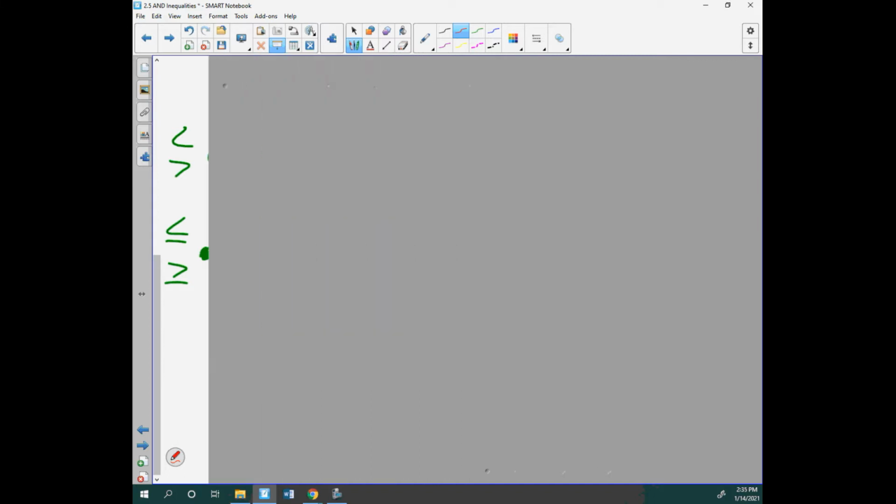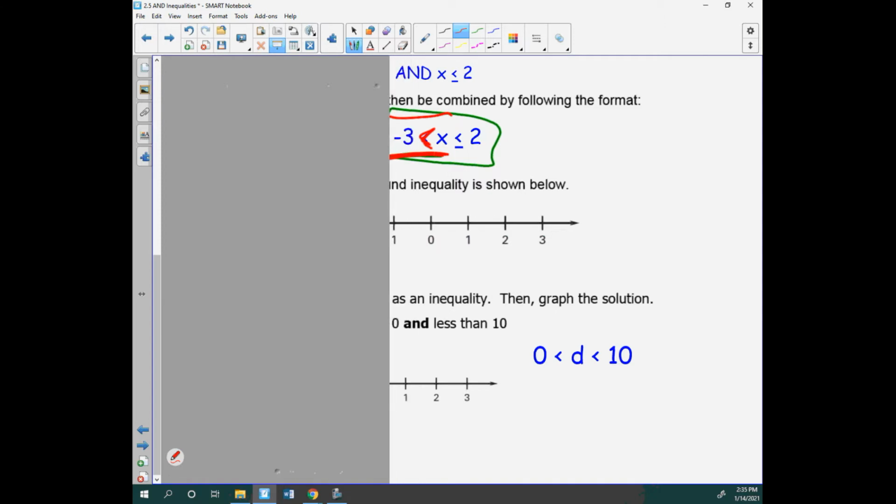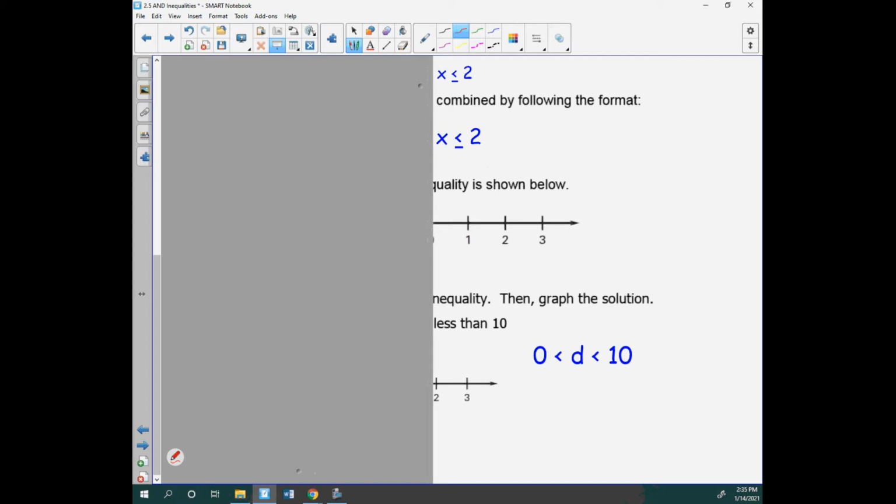Well, let me block it the other way and say, hey, if you just had, let me kind of erase that stuff now. If you just had this, x is less than or equal to 2, we would know this is that. Oh, wait, it's a filled in circle because it's a "or equal to." It says x is less than.